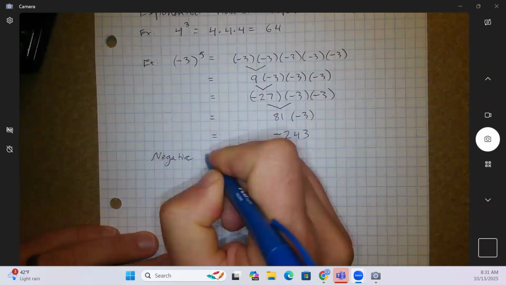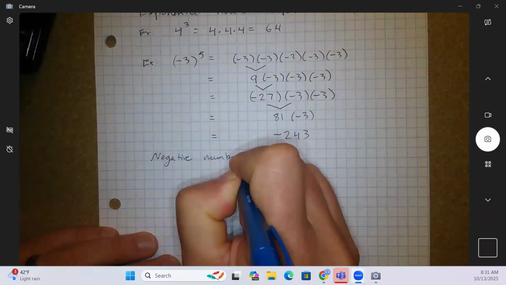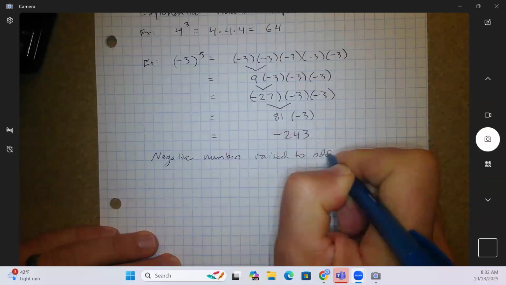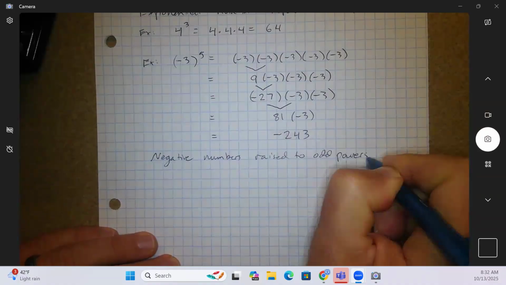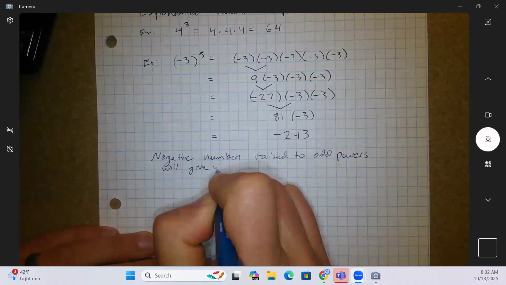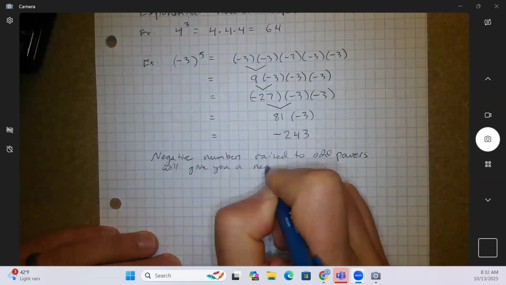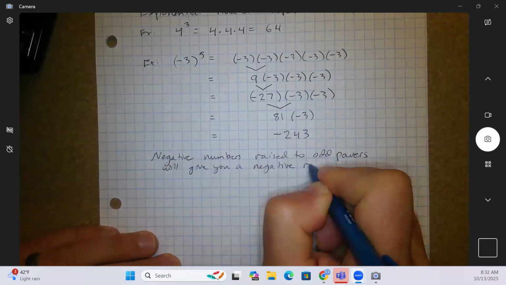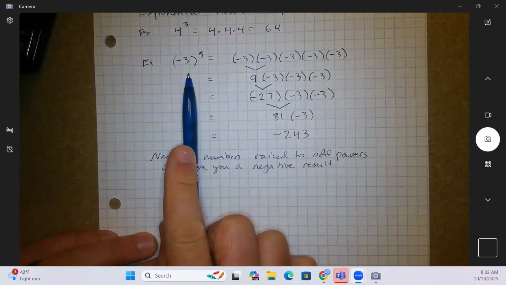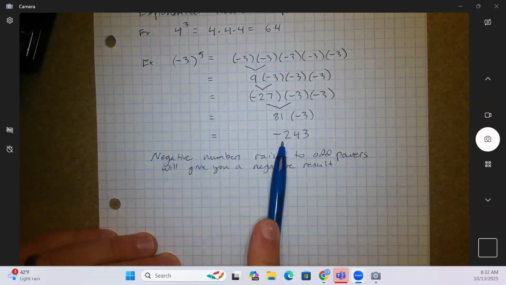Negative numbers raised to odd powers or odd exponents will give you a negative result. -3 raised to the 5th is -243.